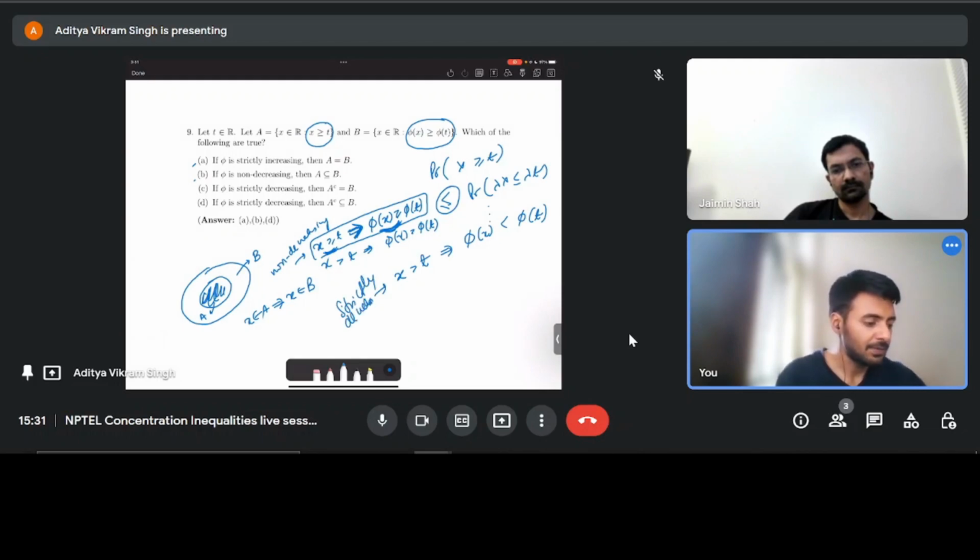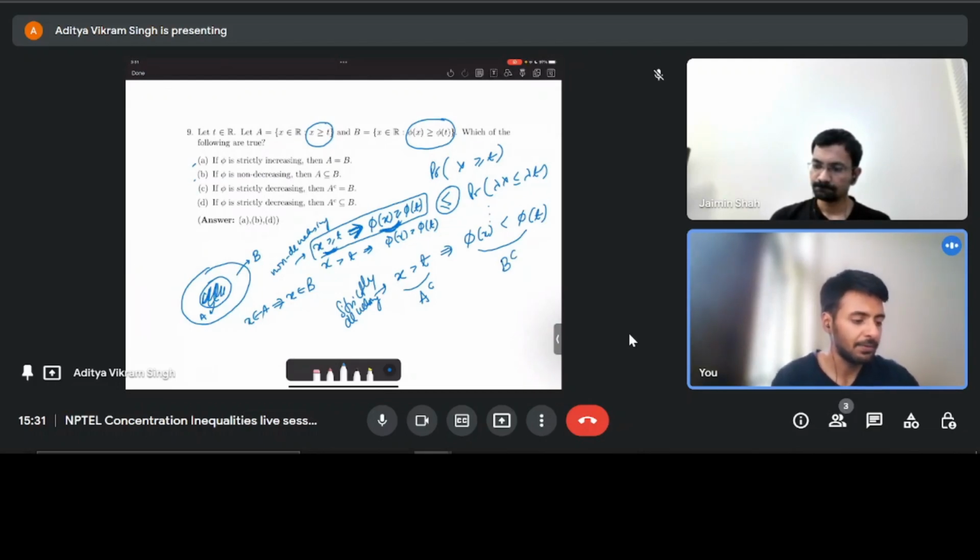So we know that this is the A complement set, and this is actually B complement. So A complement would be equal to B complement, but here it says A complement equals B, so this is wrong. And finally, if phi is strictly decreasing, then A complement is a subset of B.